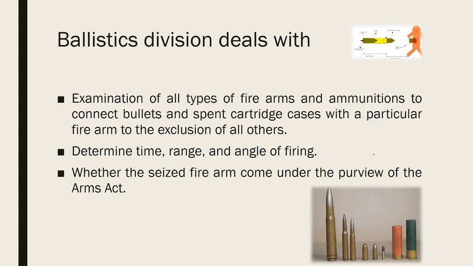So the forensic scientist has to check whether the bullet in the body of the deceased person has come from either of these two firearms or any other firearm. That is the main duty of the forensic ballistic expert. And to determine time, range and angle of firing, and whether the seized firearm comes under the purview of the Arms Act. So these are the duties of the ballistics division.